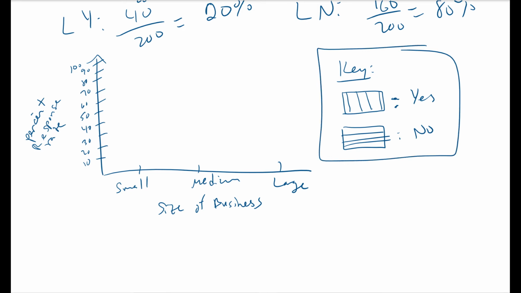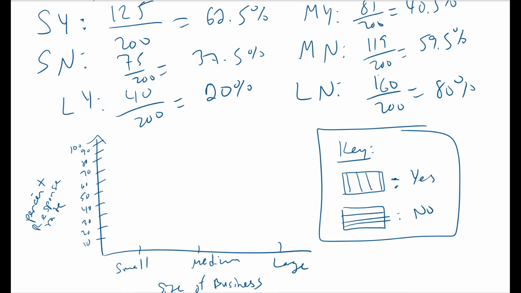So in this case, for small business, yes was 62.5%. So we're going to do it about the 62% mark. And that's said yes. No, you're just going to go all the way to 100%.